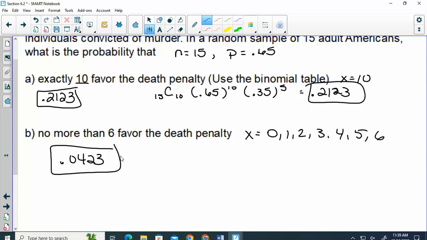And I got 0.0423. Everybody get that one to work out?